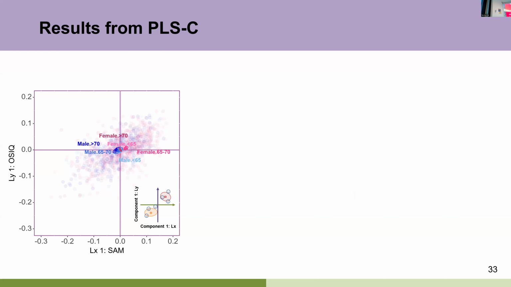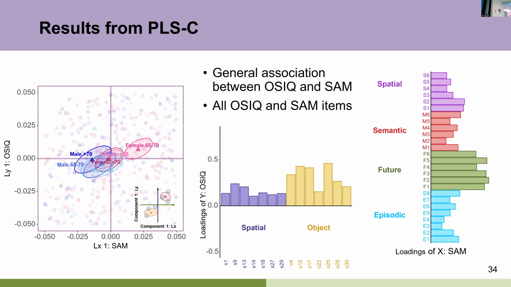So if I look at the actual groups, you see the older female group, 65 to 70, is significantly different from all the other groups. But the separation is more along the autobiographical memory. If you look at the y-axis, they're kind of overlapping along the y-axis. So how you interpret these is by projecting the mean onto the axes, and it will tell you where they are on the x-axis, right?